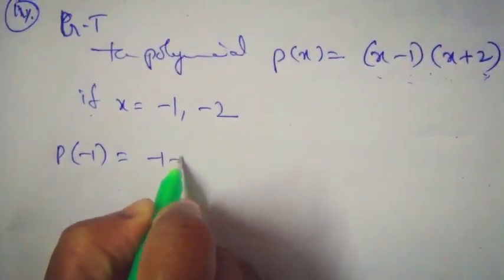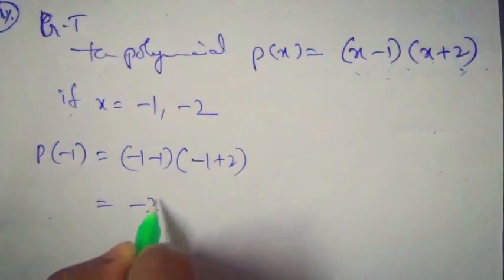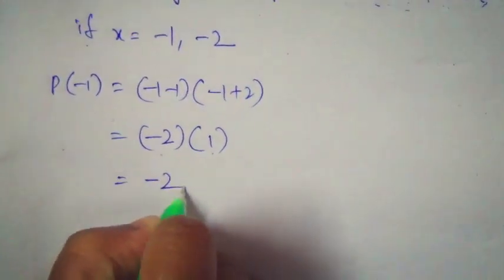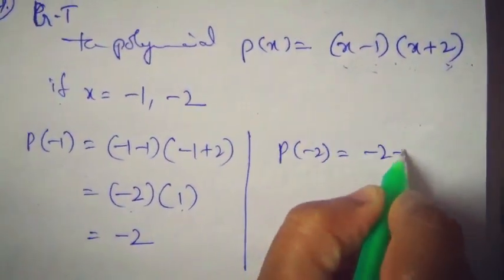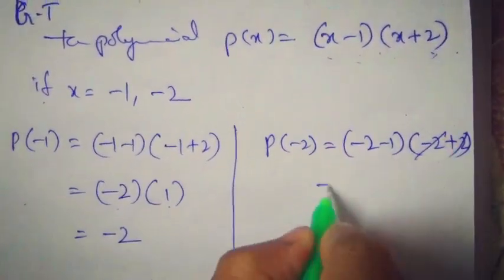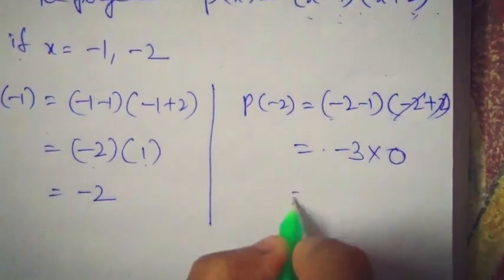Okay, minus 1 minus 1, minus 1 plus 2, that is equal to minus 2 into 1, that is equal to minus 2. Just like that, p of minus 2, that is equal to (minus 2 minus 1)(minus 2 plus 2). These two are cancelled. So here minus 3 into 0, that is equal to 0.